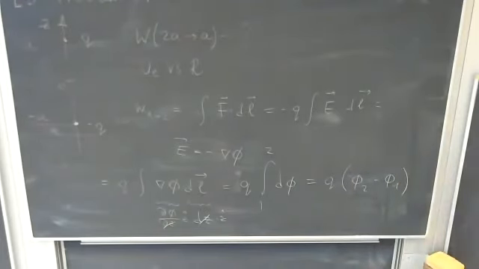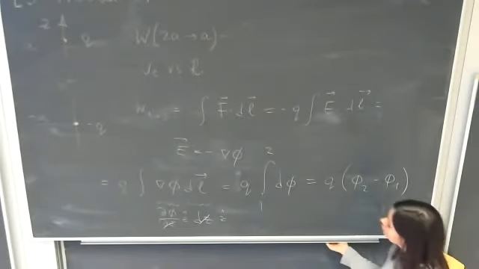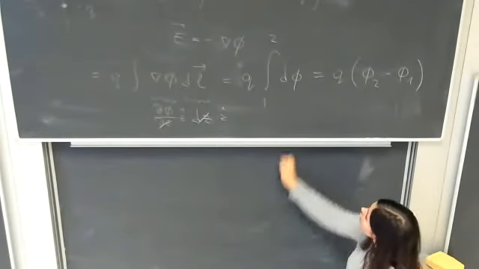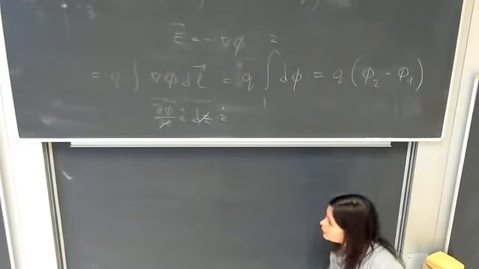So that's what I have for the work. To find the work, we need to find the potential for point 2 and point 1: potential at point 2, where it should be, and potential at point 1, where it was.